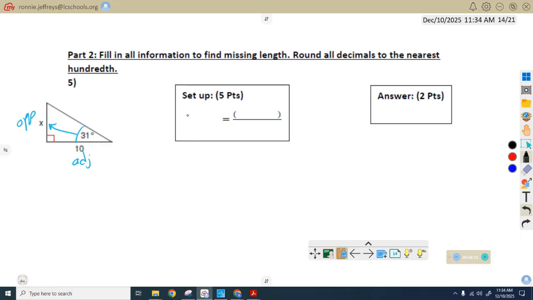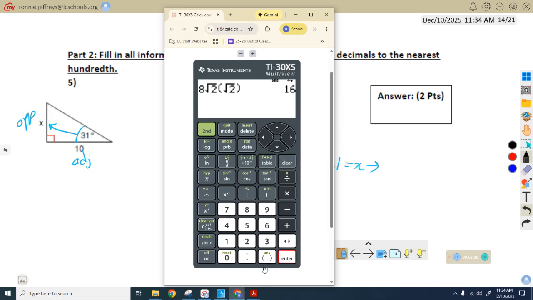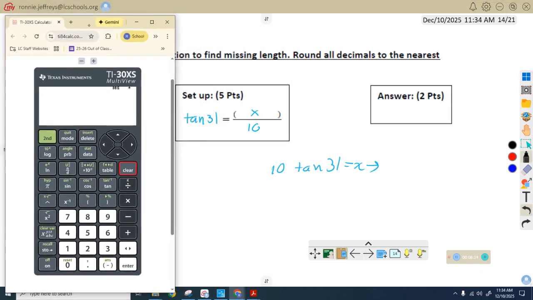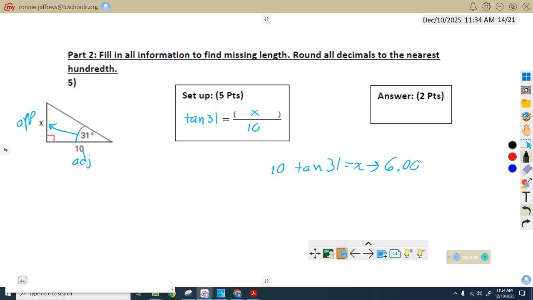Okay, I want to use tangent of 31, which is x over 10. Tan 31. All right, so I get 6.008, which is 6.01.